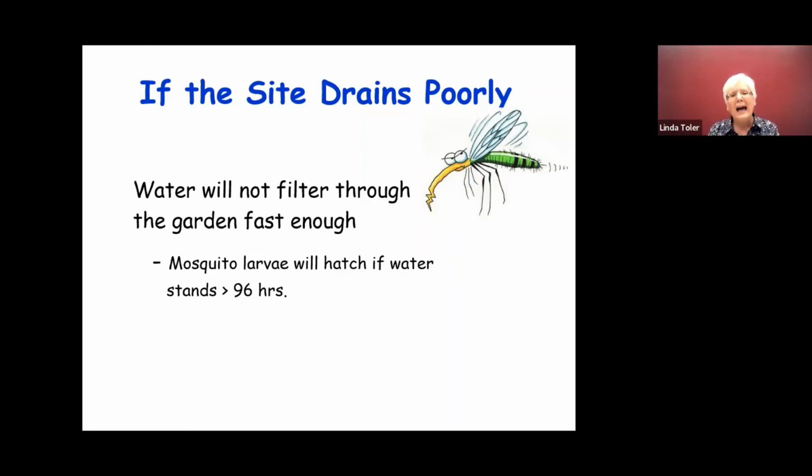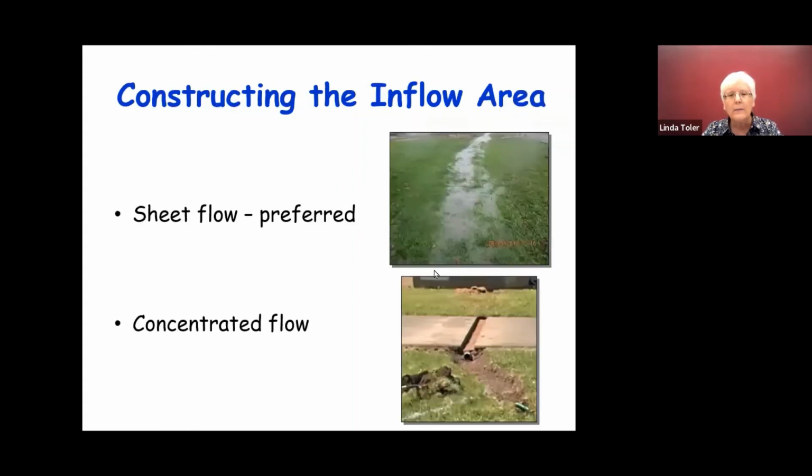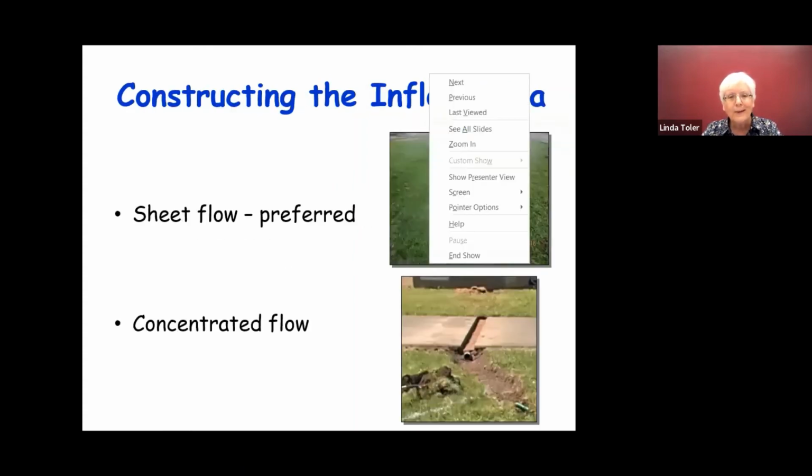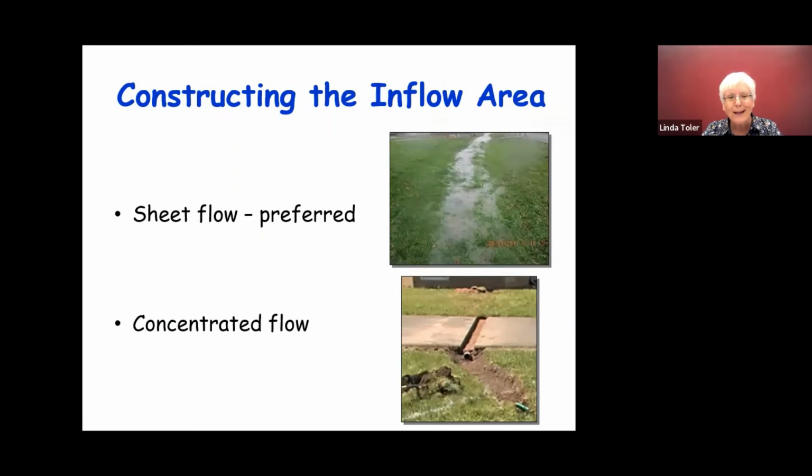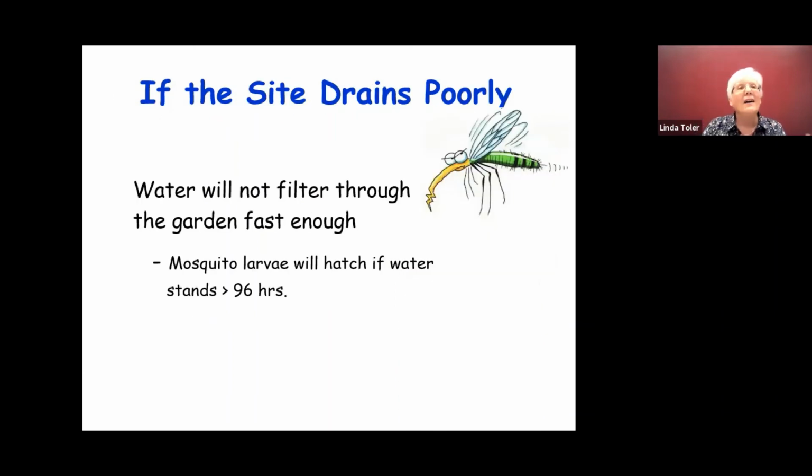Mosquito larvae will hatch if the water stands around for more than 96 hours. I think that's 4 days. Our goal is to have that water in our rain garden drain out within 24 hours.